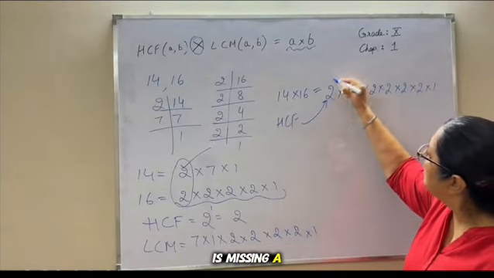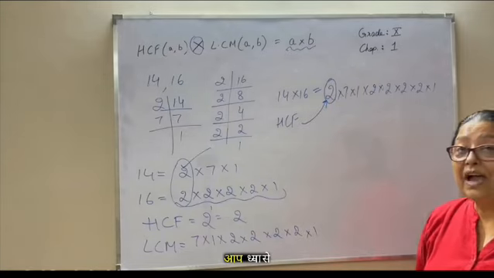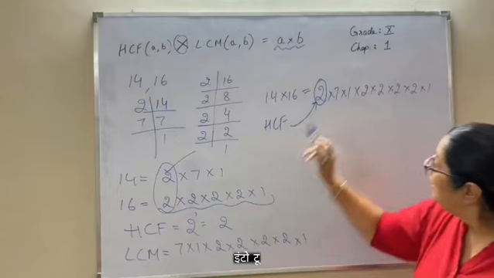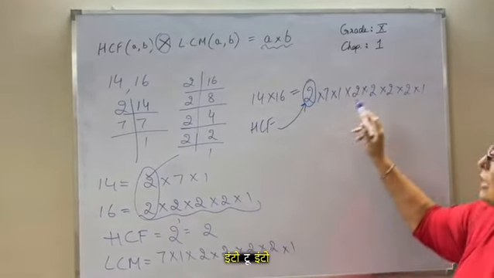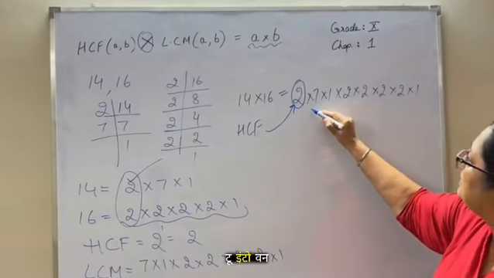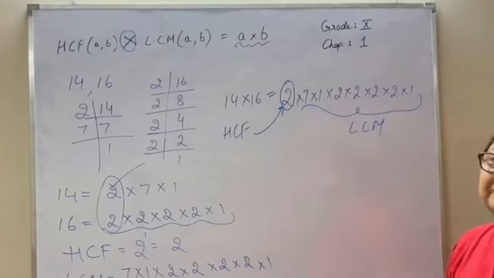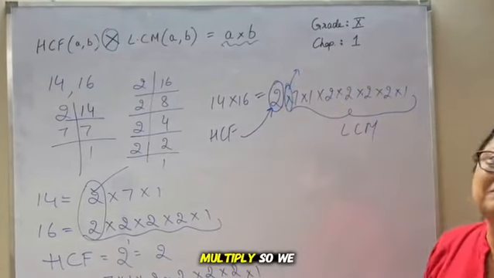HCF इसमें से ये, ठीक है? और LCM क्या है? अगर आप ध्यान से देखो तो LCM है 7 into 1 into 2 into 2 into 2 into 2 into 1. So this complete is the LCM. And what is the sign in between? Multiply.